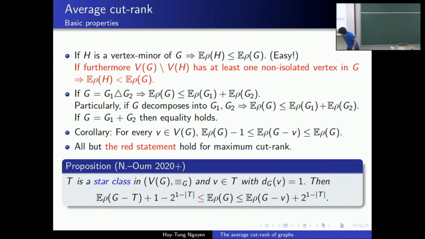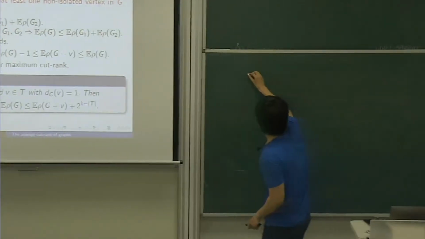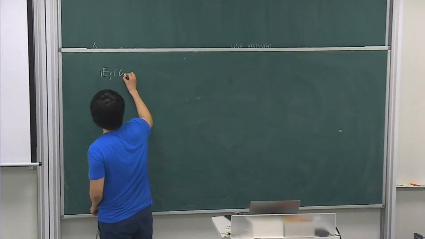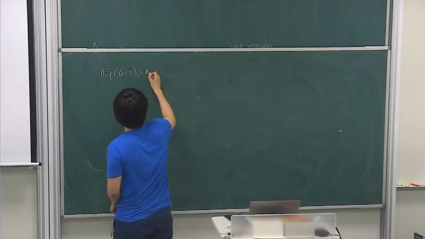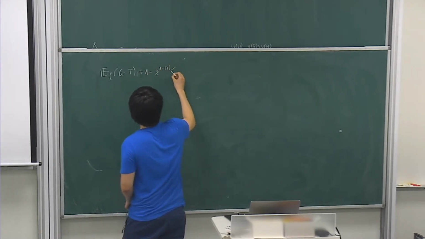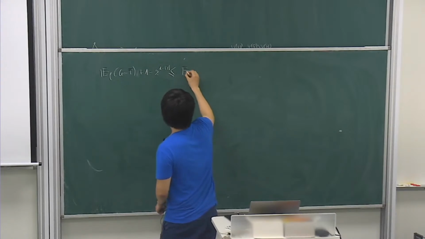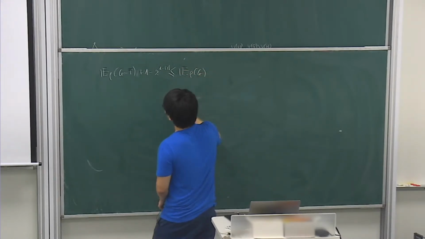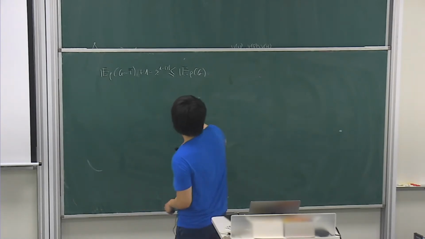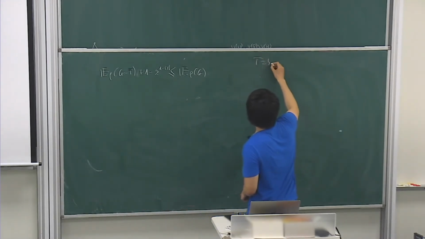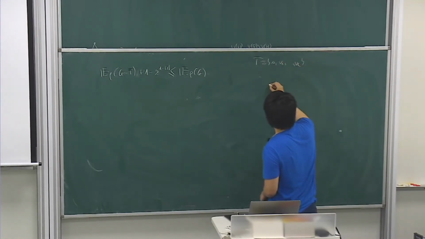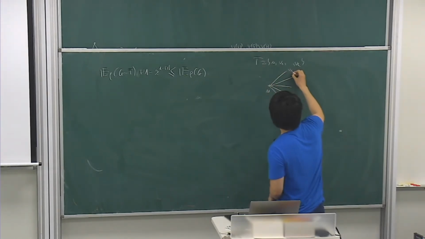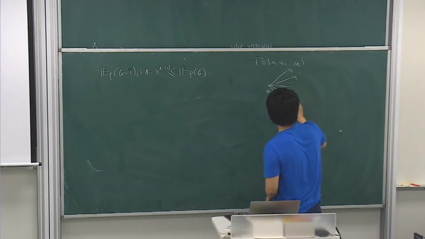So let's have a look at this bounded inequality. Here T is a star class. So T is actually U and V1 to Vk, for example. Here U is the center of the star with V1, V2, and here's Vk.